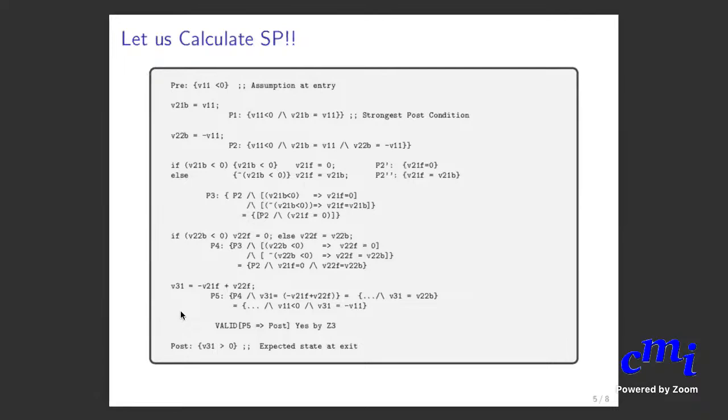It does not fully and exactly capture the effect of this assignment statement, correct? Because this will also constrain V21B to be equal to V11. The weaker one is true at that point, but will not capture the exact thing.